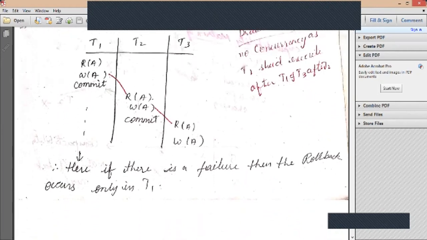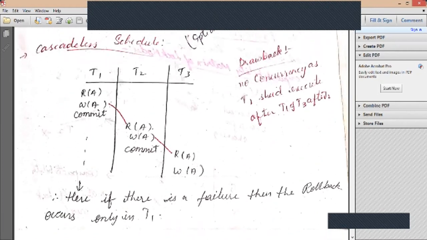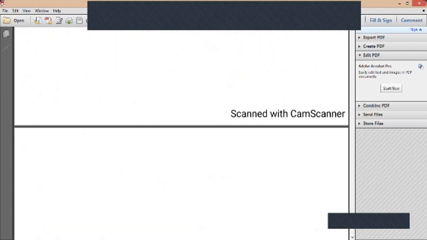If there is a failure after T1 before committing, only T1 will get rolled back, not T2, because T2 reads the data only after T1 commits, not before that. So only one transaction will roll back.